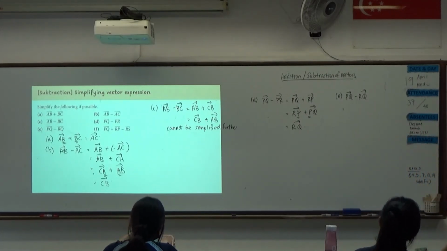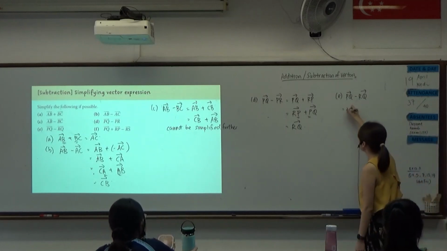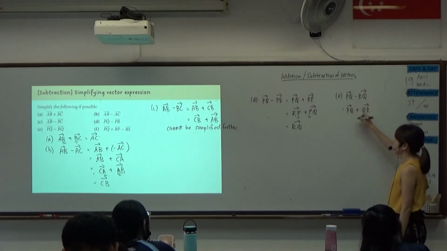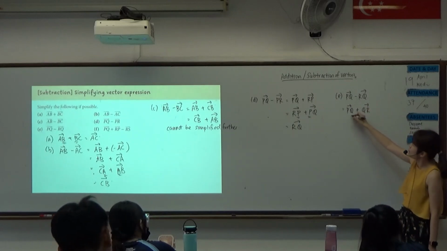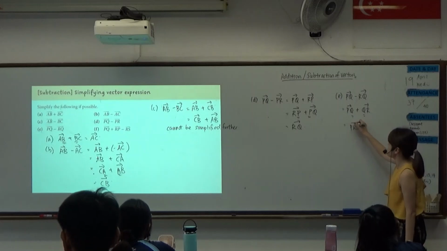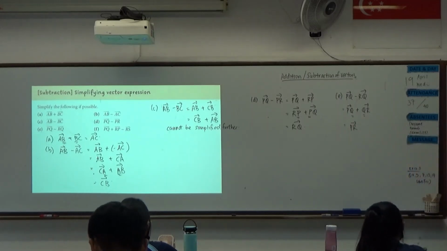Then for part E, same thing again, switch them, become plus QR, and then it already fits in nicely whereby the middle term Q is the same, so that gives us PR as our resultant vector.